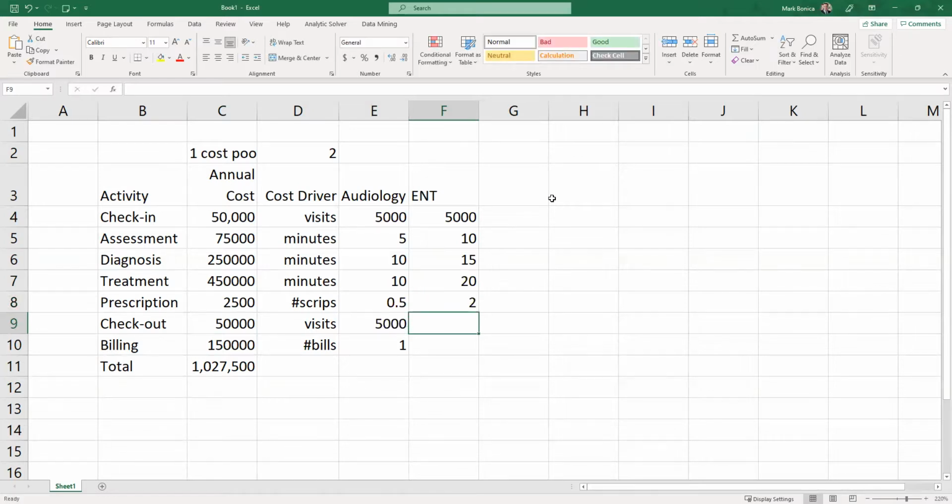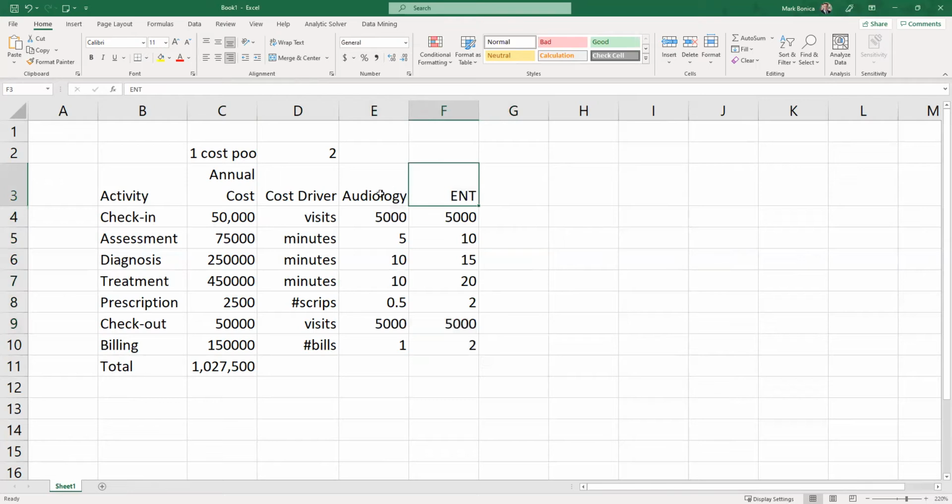And how would you have a half a prescription? Well, on average, if every other person gets a prescription, then when you average it out, you'd have a half a prescription. And then checkout, because you had 5,000 check-ins, you have 5,000 checkouts, unless this is the Hotel California, in which case you can check in, but you can't check out. And then on average, there are 2 bills, or maybe two procedures billed for.